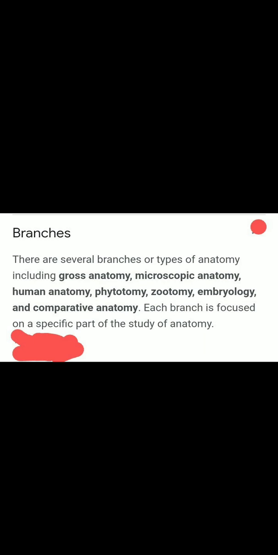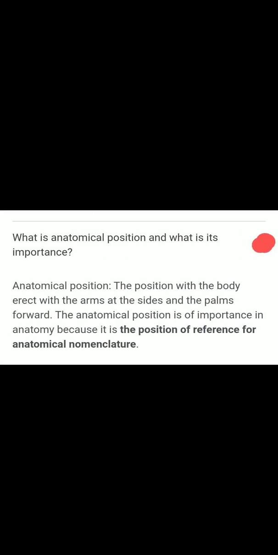Now, each branch is focused on a specific part of the study of anatomy. So, all these types have a particular focus in anatomy.